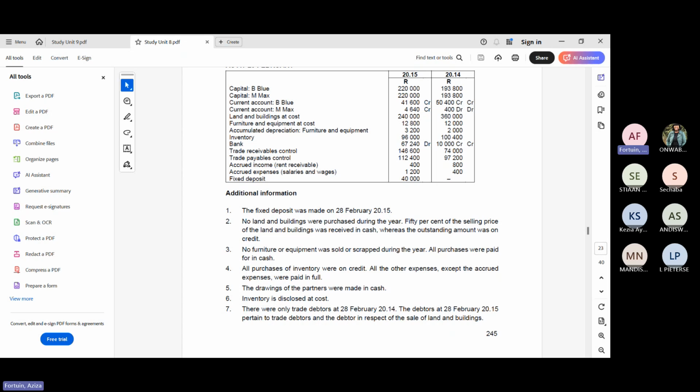So the opening balance must be 400 and the closing balance is 800. My rental is 5,800. And what are we missing here? The 74,000 is in and the 800 is just calculating everything.